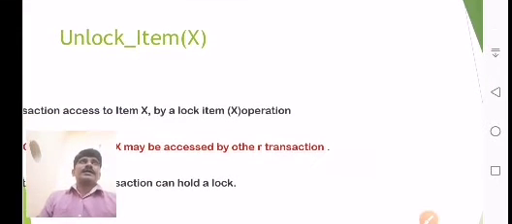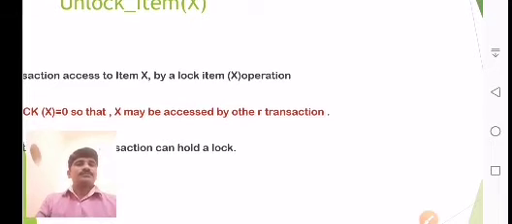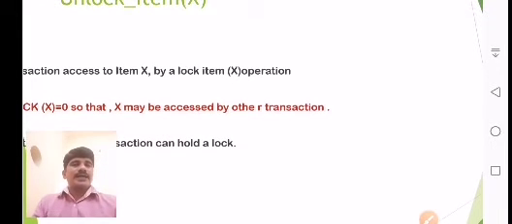Second one is unlock item. It is completely the reverse of lock item. If x equals 0, then x may be accessed by other transactions. Why? Because it is unlocked. If it is locked, we can't perform any operations.